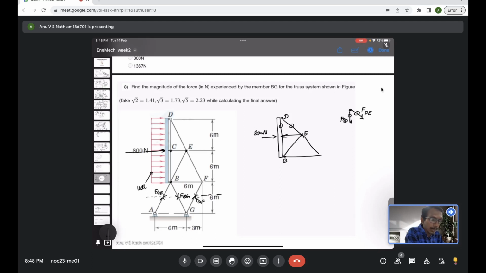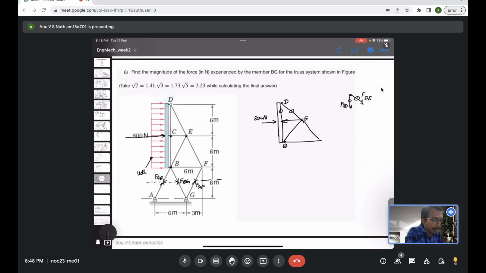Only in the beginning you have to make sure that the 800 Newton is actually passing through CE, that exact center. Why I wanted to take the method of sections here is that unwanted support reactions will be there if you otherwise take joint A or G. So avoid joints A and G. Just take the method of sections, because both the joints are pinned joints.